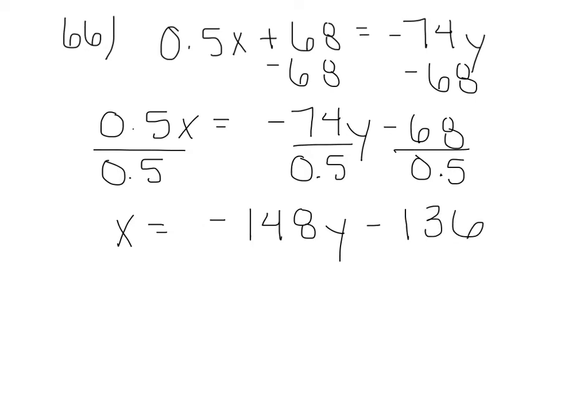And then if you look through your answer choices, that's going to already correspond to A. So all I did was solve for x, again, by subtracting 68. Then I divided by 0.5, which is the same as 1/2. And dividing by that fraction is the same as multiplying by the reciprocal, so it's 2 over 1. So that's why I multiplied those by 2 to get the A.